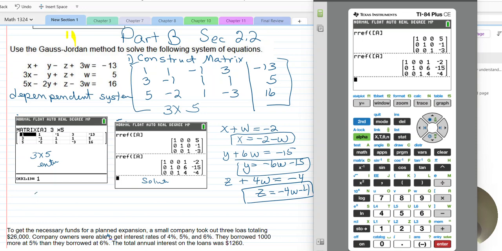They are, in terms of w, the last variable: negative 2 minus w, negative 6w minus 15, negative 4w minus 4, and w. All right, so that's what we have in this form. Is everybody comfortable with that?